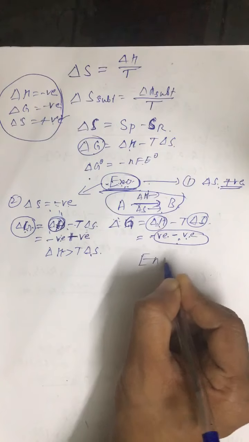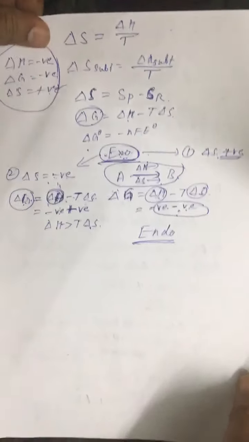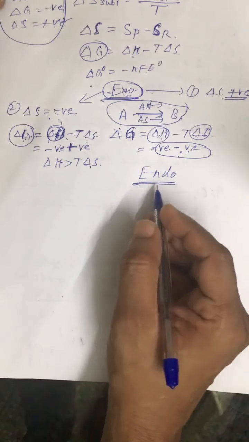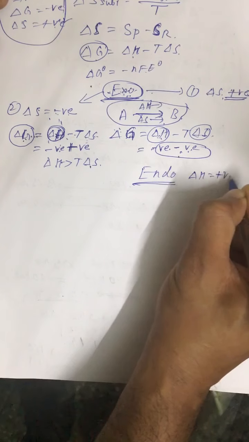Similarly, for an endothermic reaction, if the process is endothermic, that means ΔH is positive.